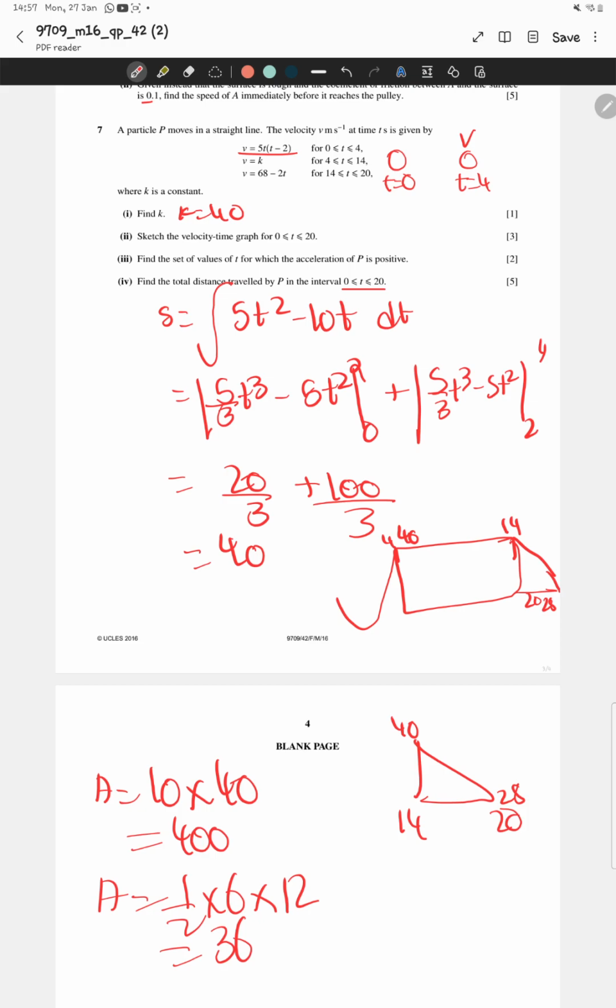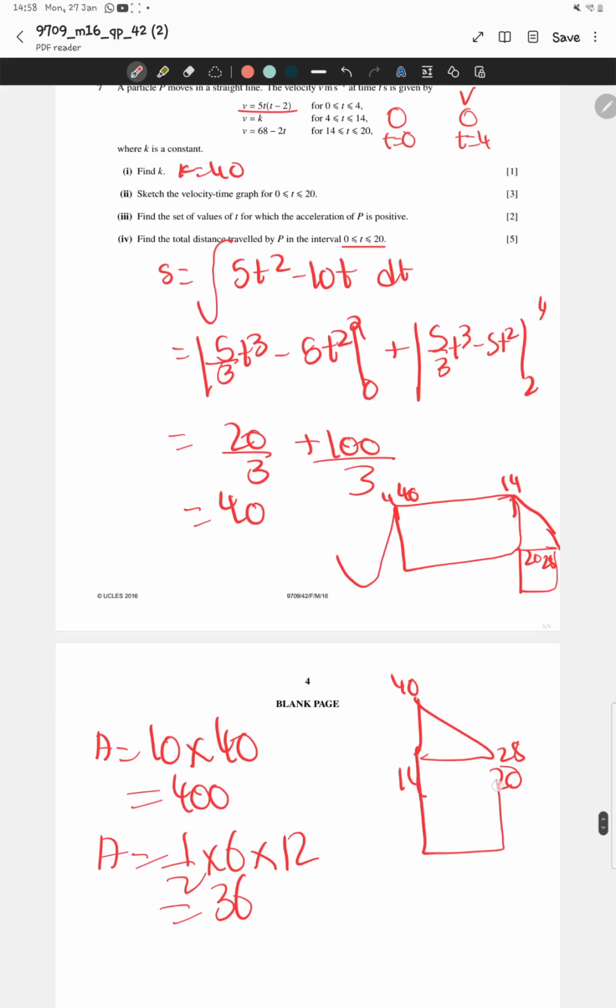Oh, actually, wait, this is weird. Oh, because you have to take the graph underneath this as well. So this is just the triangle, and then you have to take the graph underneath, which is 6 and 28.